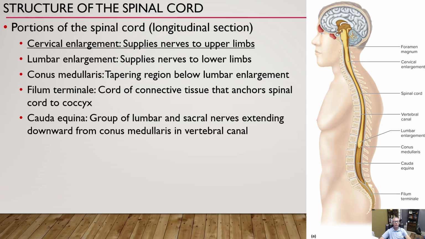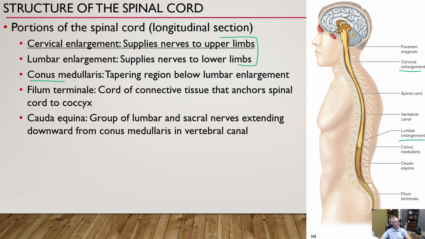All right, so the structure of the spinal cord. When we look at the spinal cord, we can see that there are enlargements. We have a cervical enlargement and a lumbar enlargement. Basically, those enlargements allow nerves to come off of them to supply the peripheral nerves to the upper limbs and lower limbs.